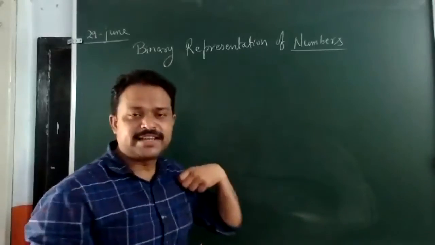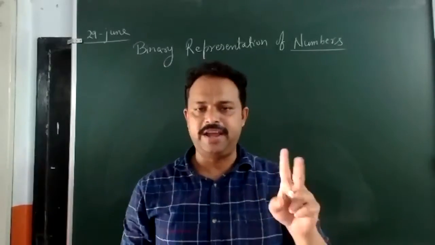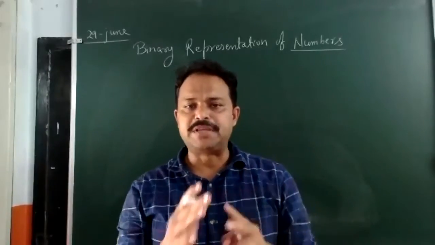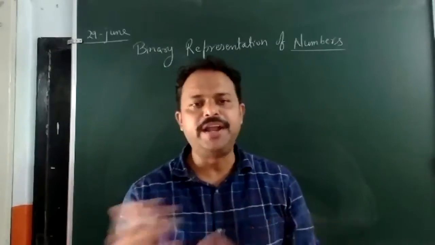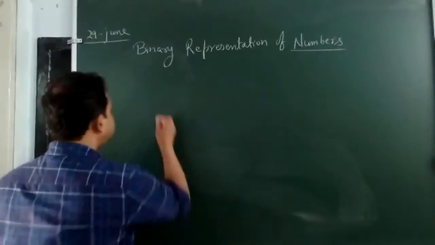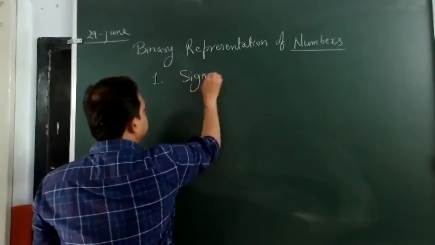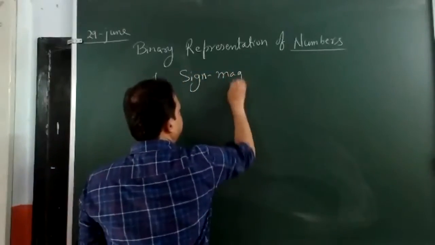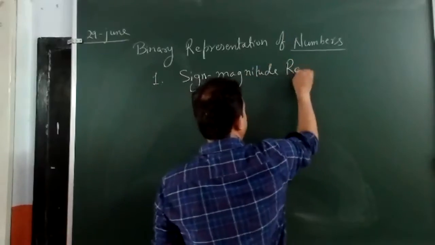So I was telling that there are three ways to represent any positive or negative value. What are those ways? Number one, sign magnitude representation.